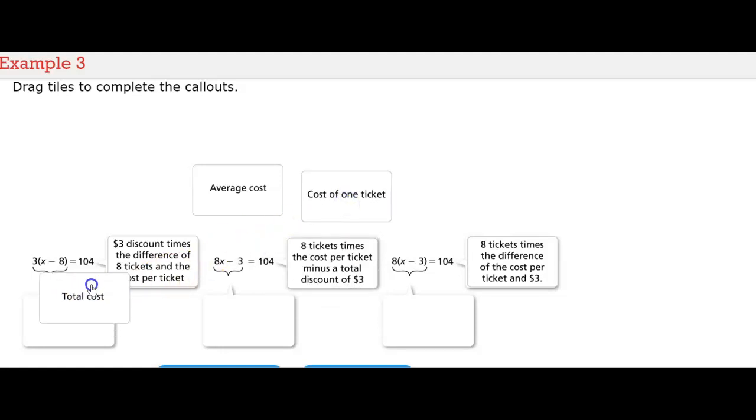I think total cost would be here, because the 8 tickets they're purchasing times the cost per that ticket minus that $3 will give us a total cost of all the tickets. Then the cost of, let's see, cost of one ticket.